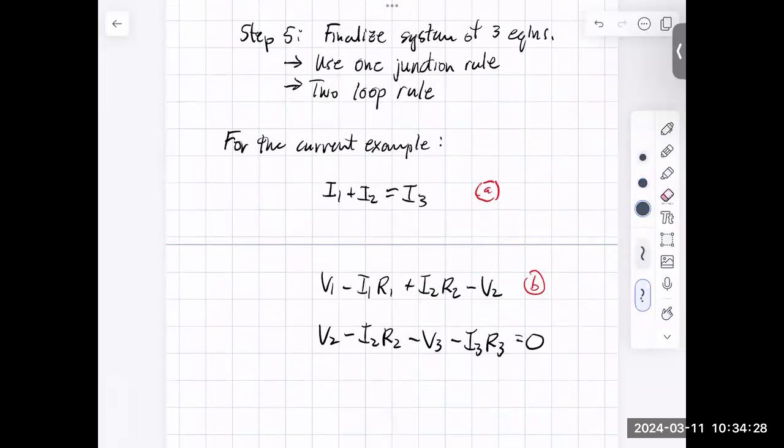I should say that this has to be equal to 0, so let's keep that in there.